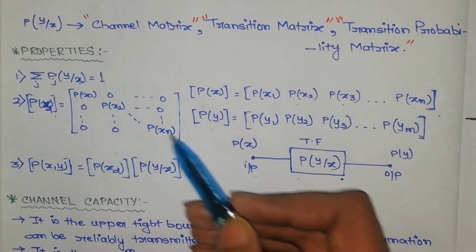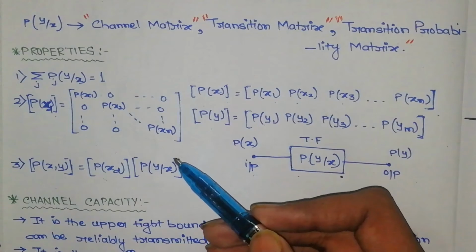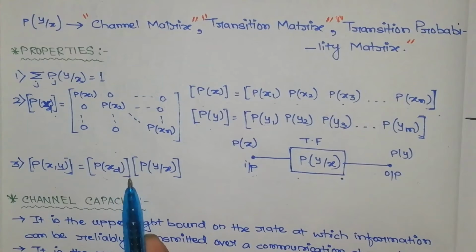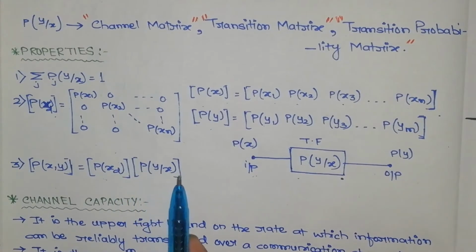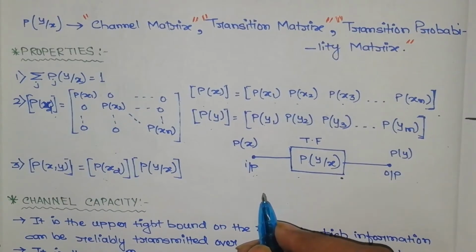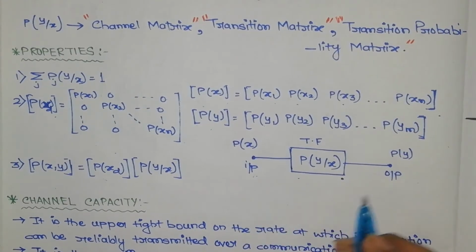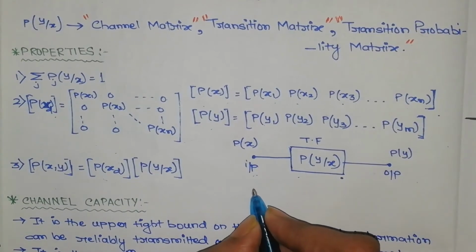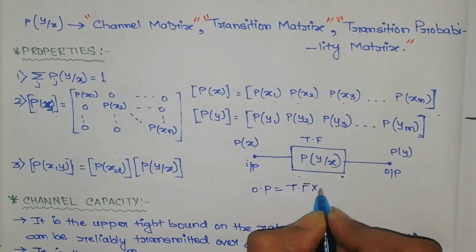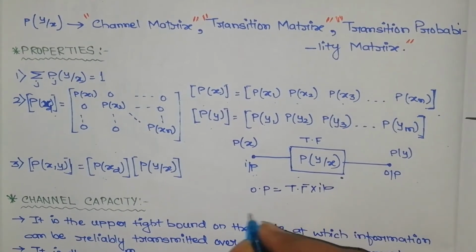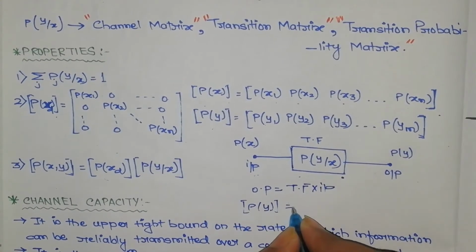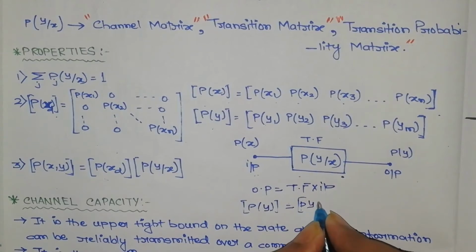So basically the diagonal elements will have the values p(x1), p(x2) up to p(xn), into the matrix of p(y/x). It is derived from the idea that we know that output is equal to transfer function into input. So output is p(y), transfer function is p(y/x), and input is p(x).